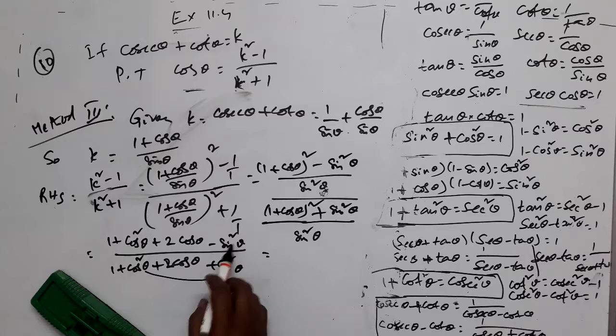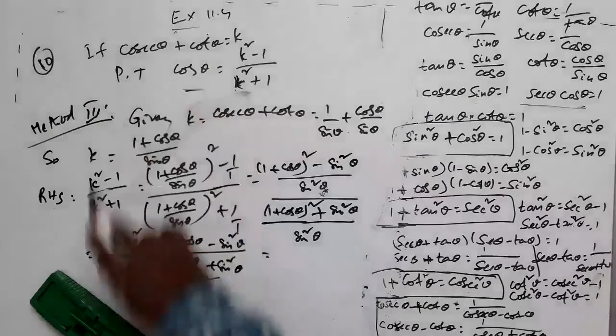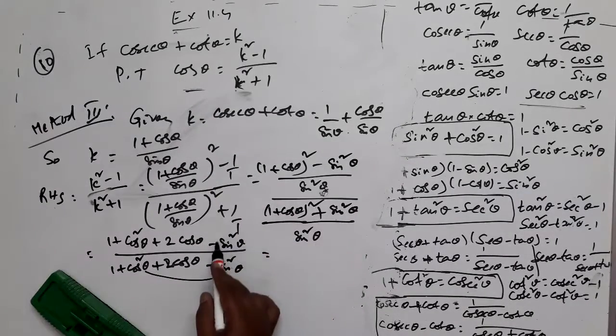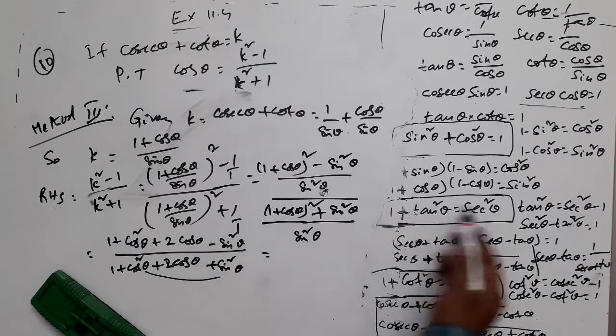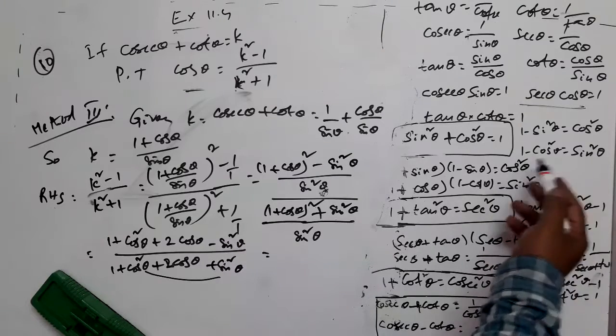In the numerator there is sin² θ along with cos² θ. I want cos θ, I don't want sin θ. So what shall I do? In the place of sin² θ, I am writing 1 minus cos² θ.